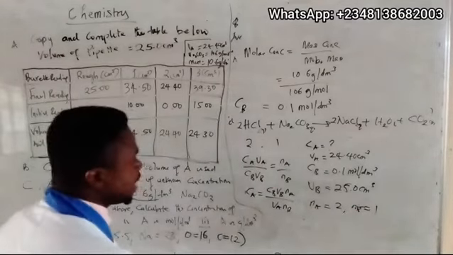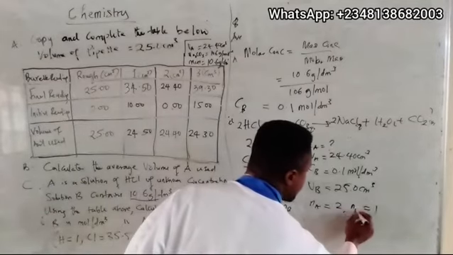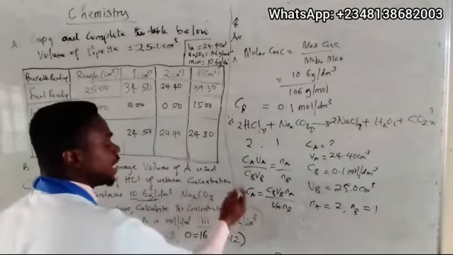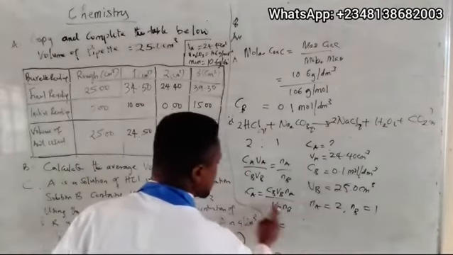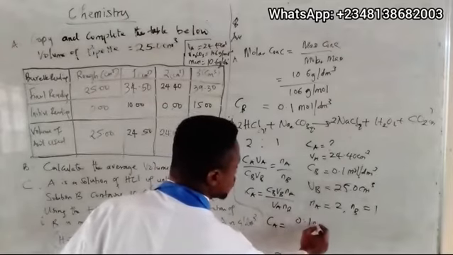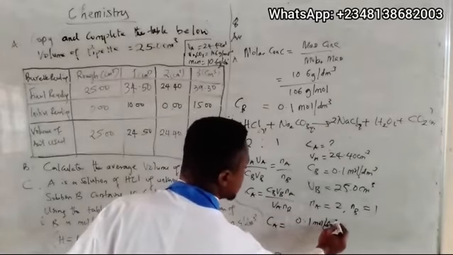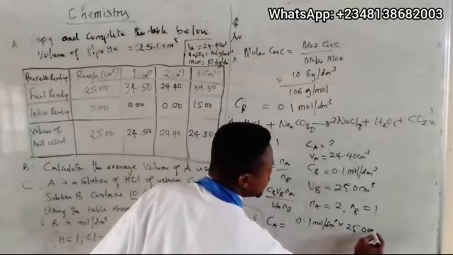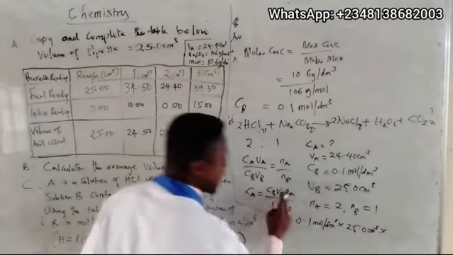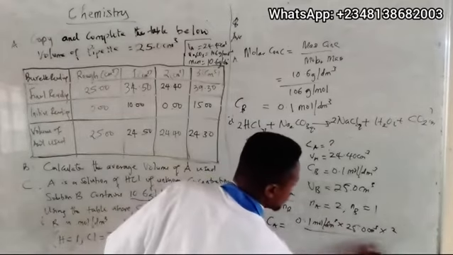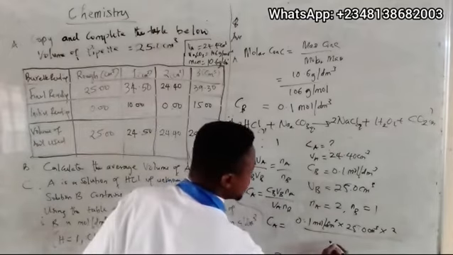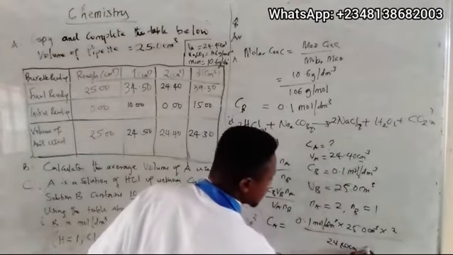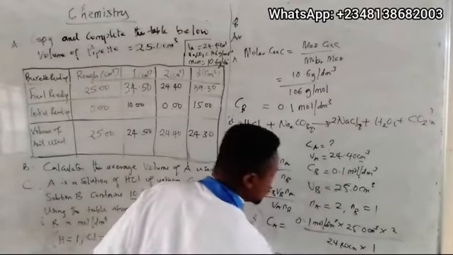Na is equal to 2, Nb is equal to 1. So we will now substitute to find our Ca. Ca becomes Cb, 0.1 mole per dm cube, times Vb, 25.0 cm cube, times Na, 2, all over Va, 24.40 cm cube, times Nb, 1.